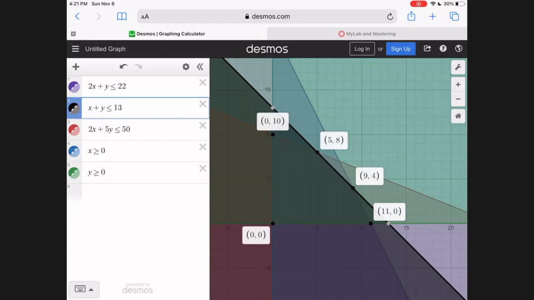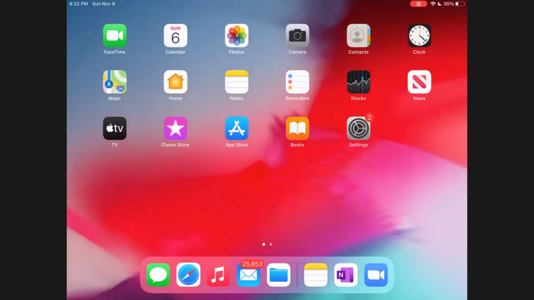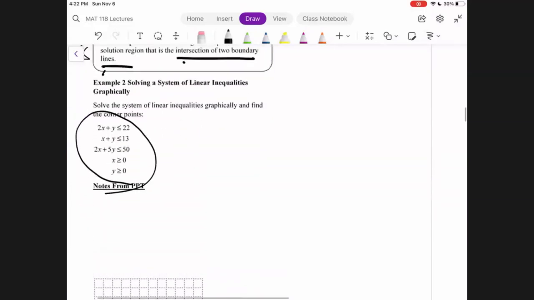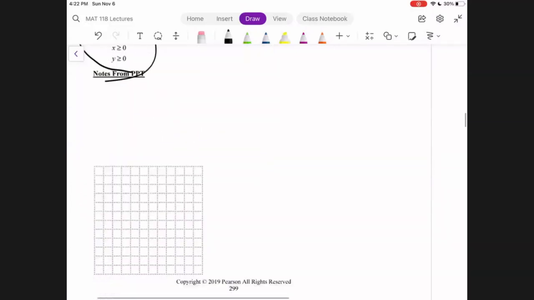So let me take a picture of all these corner points again. Okay. Right. So now over here, it says solve the system and find the corner points.